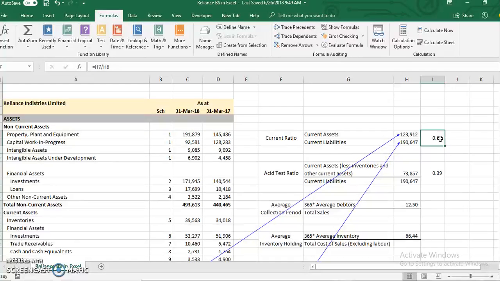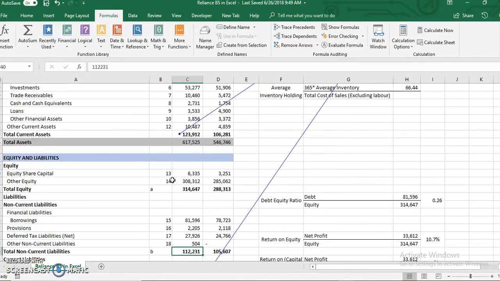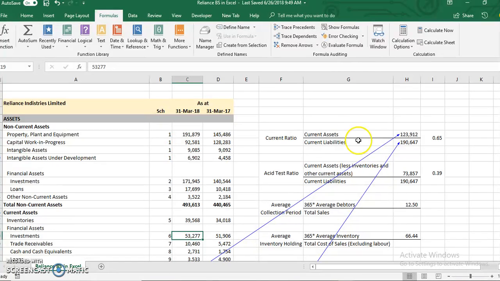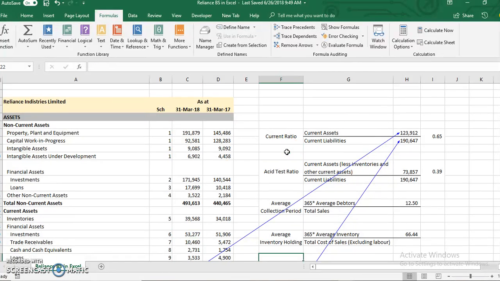It means the company has very low current assets. If something goes wrong tomorrow, the liquidity of the company is considered low. The reason is that a lot of investments are put into long-term investments, not short-term investments, so the short-term liquidity is a bit weaker.